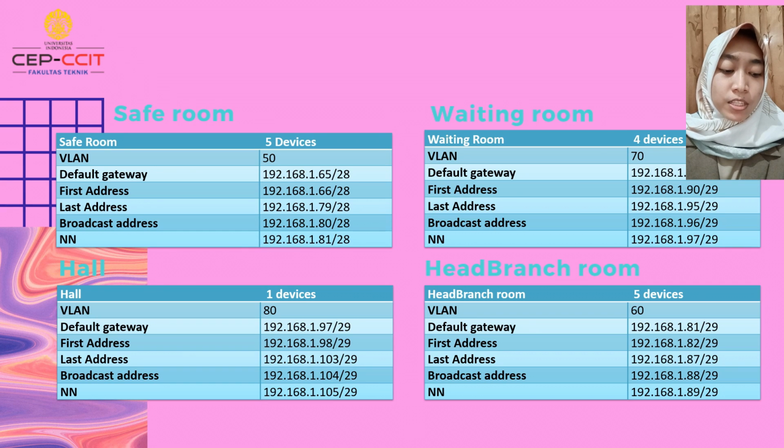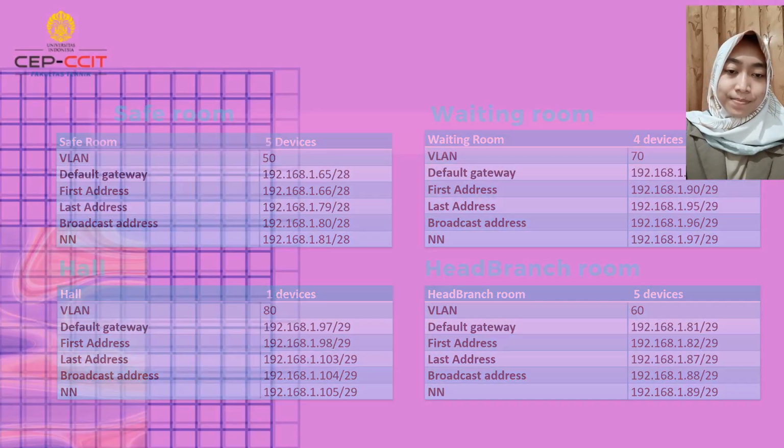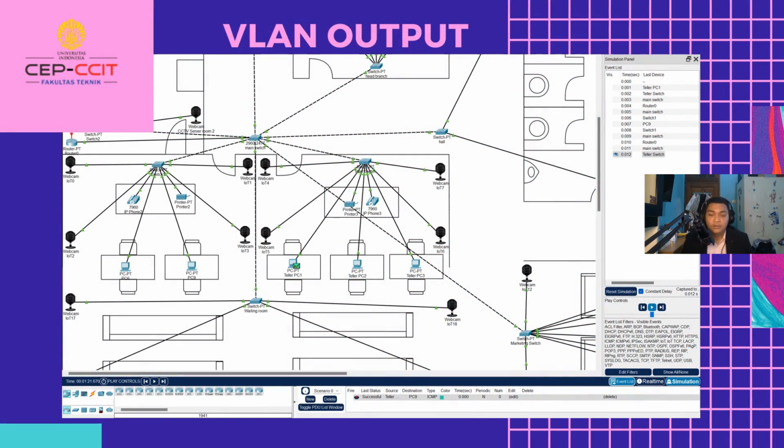Last address consists of 192.168.1.87/29. Broadcast address consists of 192.168.1.88/29. Next network consists of 192.168.1.89/29.